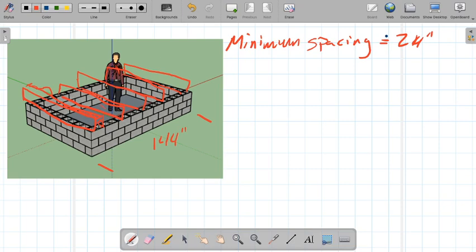Now, if we think about this, we don't want 24 inches between the joists because the joists themselves have a width, and typically we're going to use a 2x4, 2x6, 2x8, maybe up to a 2x12, depending on how big your building is, to support that.